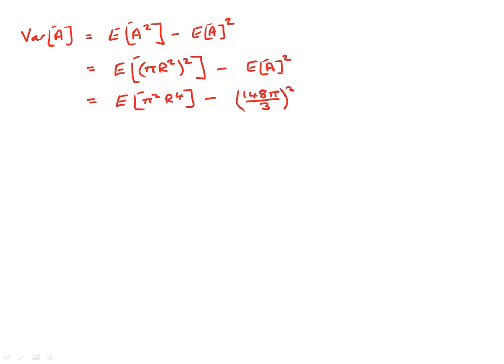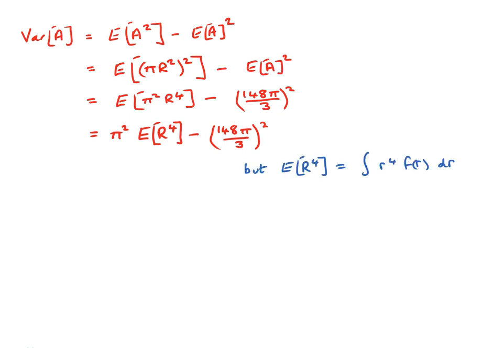We know that the expected value of A is 148 pi over 3. We also know that pi r squared squared is pi squared r to the 4. Pi squared is a constant, so we can pull that out. So we've got pi squared times the expected value of r to the 4 minus 148 pi over 3 squared. So we've got to work out the expected value of r to the 4.